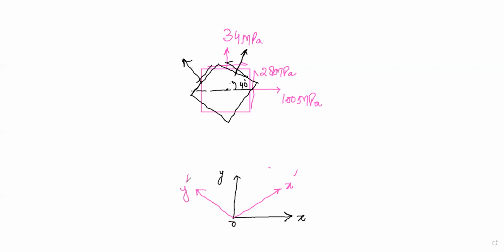That is, if we rotate our given coordinate system about an axis passing through point O by an angle theta, our new x-axis becomes x prime and our new y-axis becomes y prime.